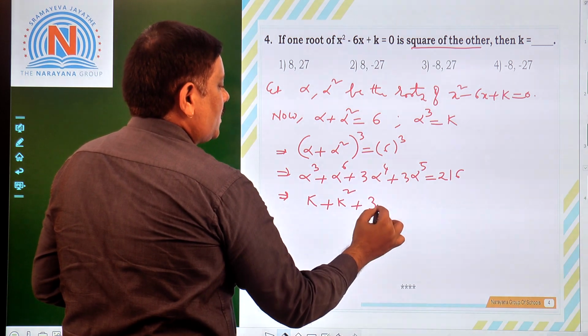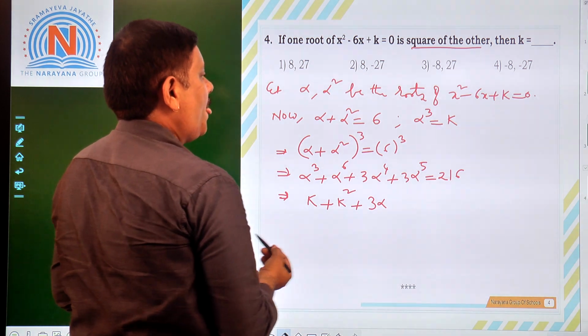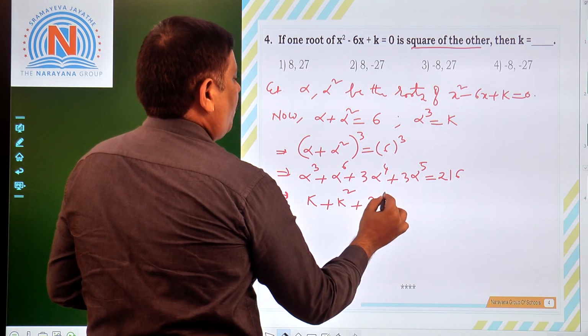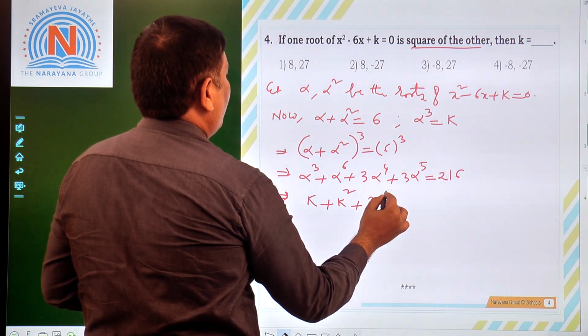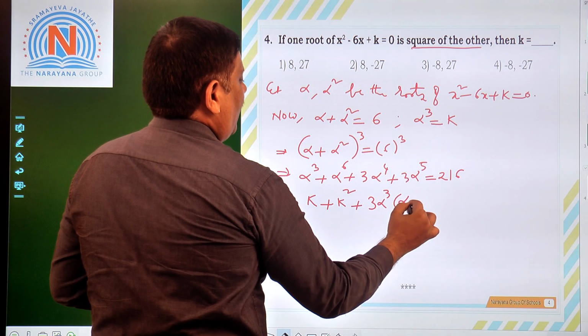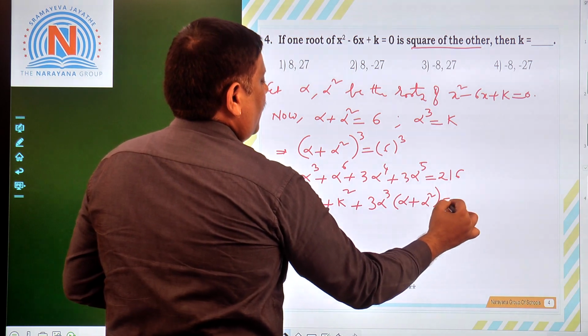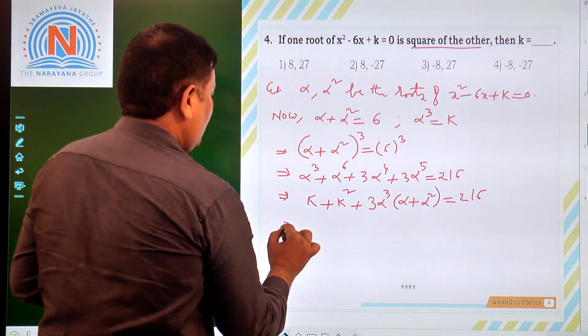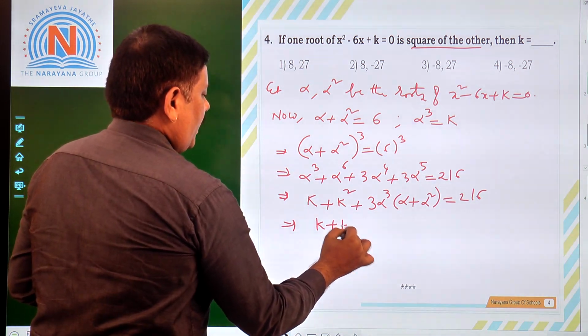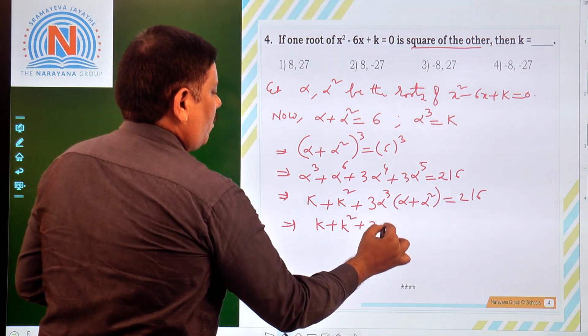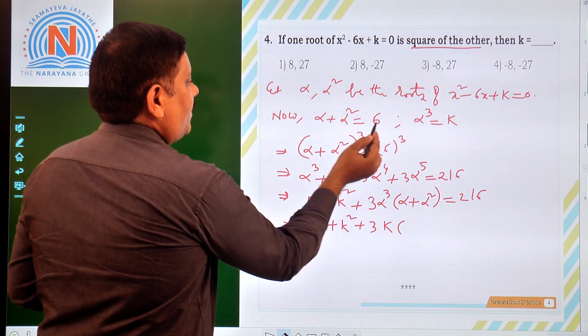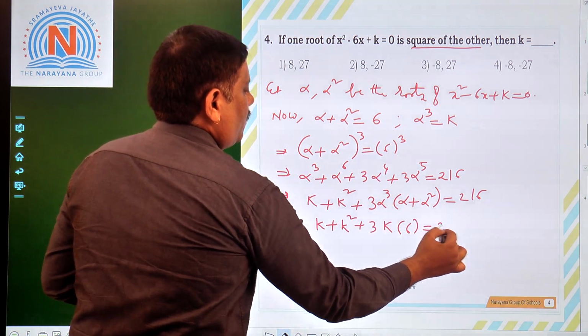In the other two terms let us take 3 alpha cube common. We have alpha plus alpha square, so k plus k square plus 3 into alpha cube, which is k, into alpha plus alpha square, that is 6, is equal to 216.